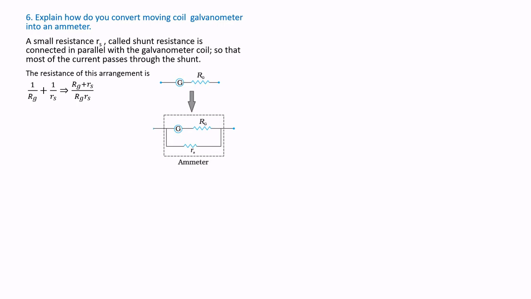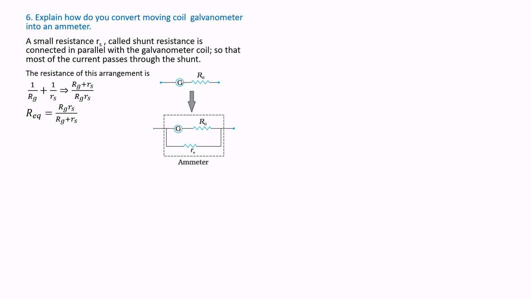The resistance of this arrangement, because it is parallel: 1 over Rg plus 1 over Rs is equal to, simplifying, Rg plus Rs divided by Rg Rs. The total resistance will be the reverse of that.